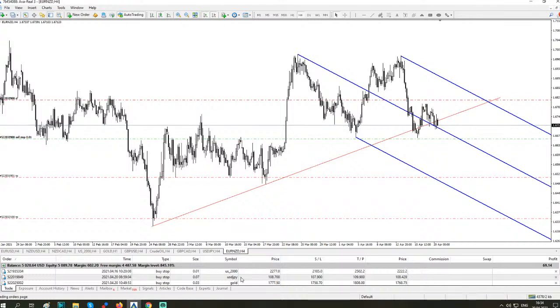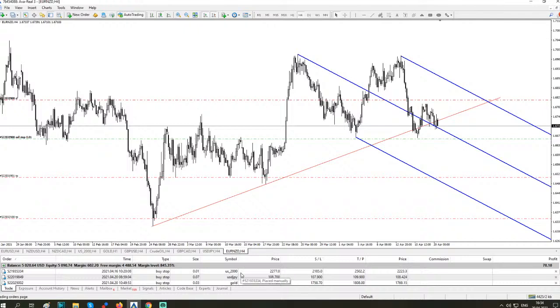and as I've promised you, yes, we will talk also about the Australian dollar versus the Japanese yen, also about the Canadian dollar versus the Swiss franc. But first of all, let me take a look also at US dollar versus the Japanese yen, because we have a pending order here, and also at the US 2000 on Russell, because we have a pending order here as well.